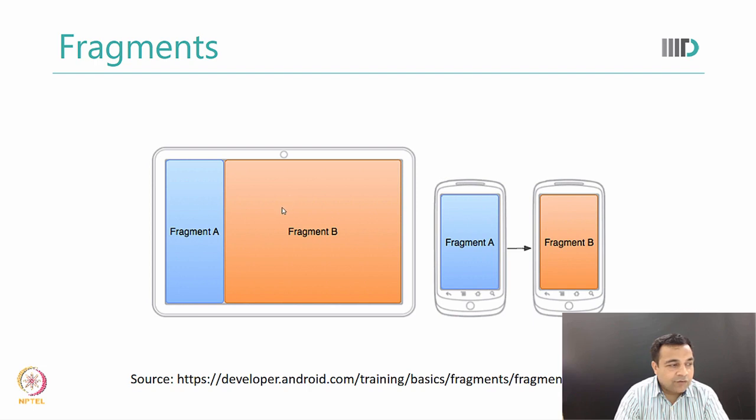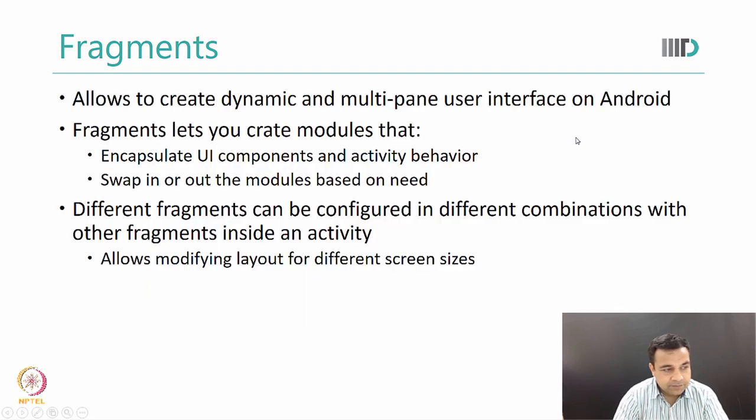So here what you kind of need is a bigger activity that involves maybe two or more sub activities, but this is not allowed in an activity. So Android makes it available as fragments and not activities.